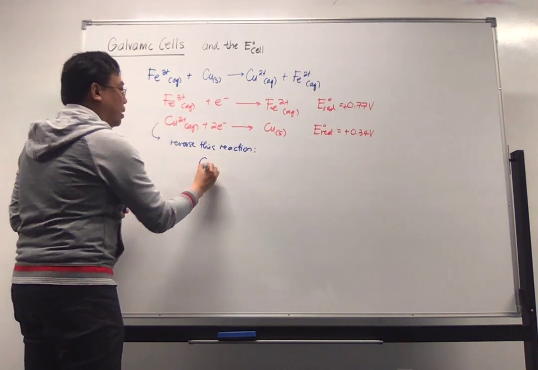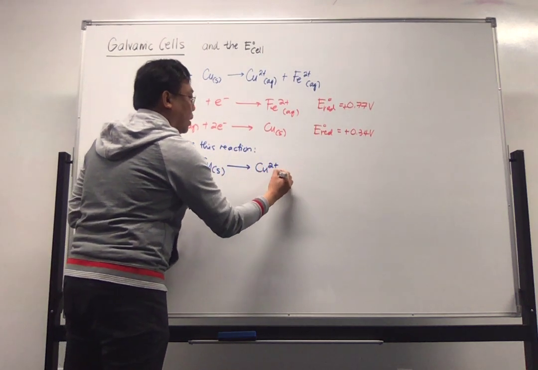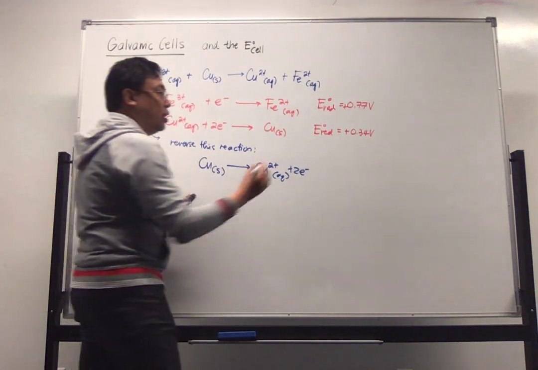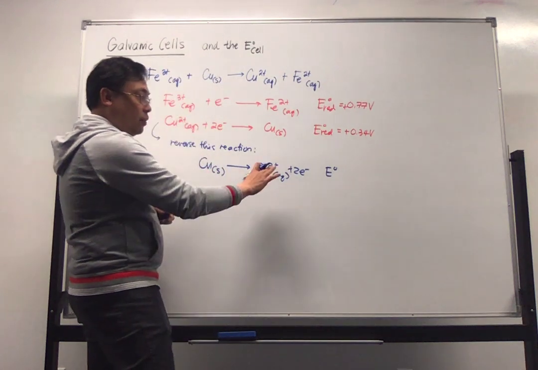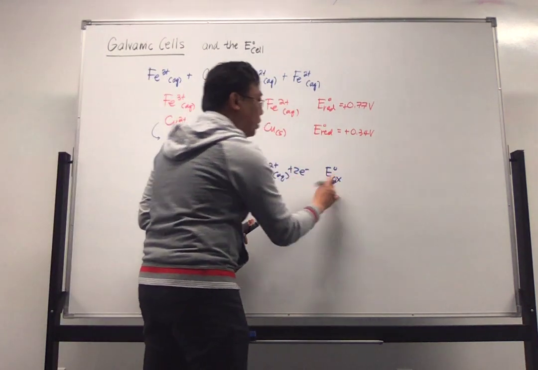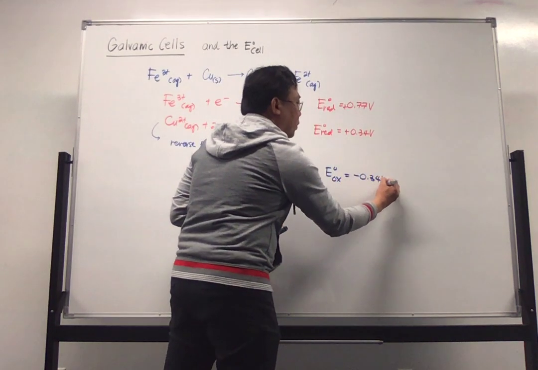and say copper solid now can be oxidized to copper 2+, liberating 2 electrons. And therefore, we will be writing down the potential of this half reaction. Now that this is an oxidation, we'll just put there oxidation potential becomes negative 0.34 volts.